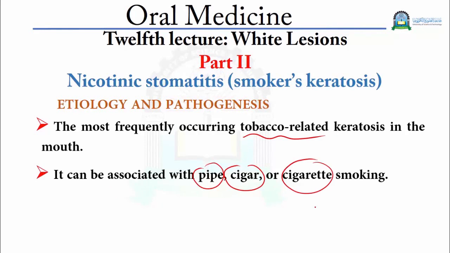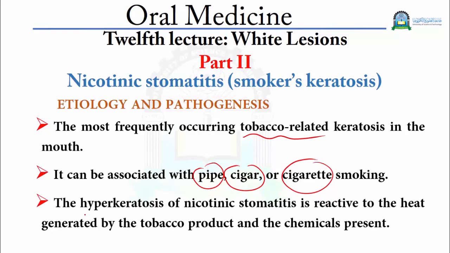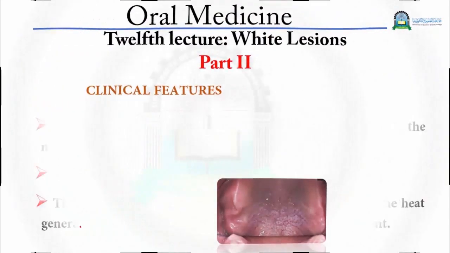So all types of smoking can result in nicotinic stomatitis. The hyperkeratosis of nicotinic stomatitis is reactive to heat generated by the tobacco product, and also to the chemicals which are present in the smoked tobacco.